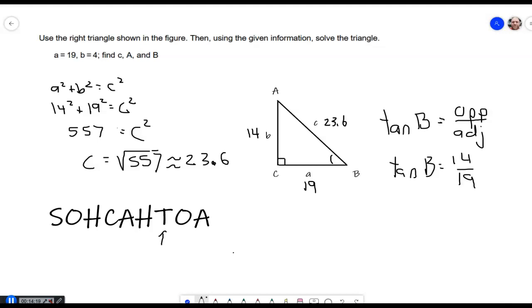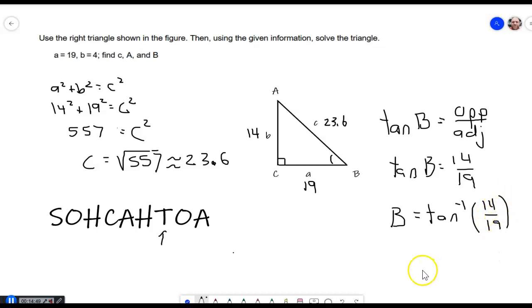It's an inverse function. So if I apply the inverse tangent to both sides, the inverse tangent of the tangent just gives me B is equal to the inverse tangent of 14 over 19, and inverse tangent is written like this.